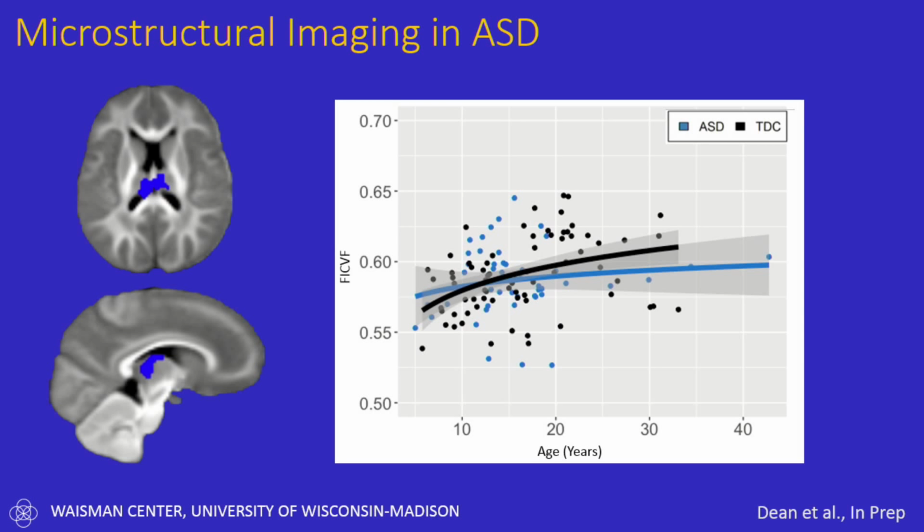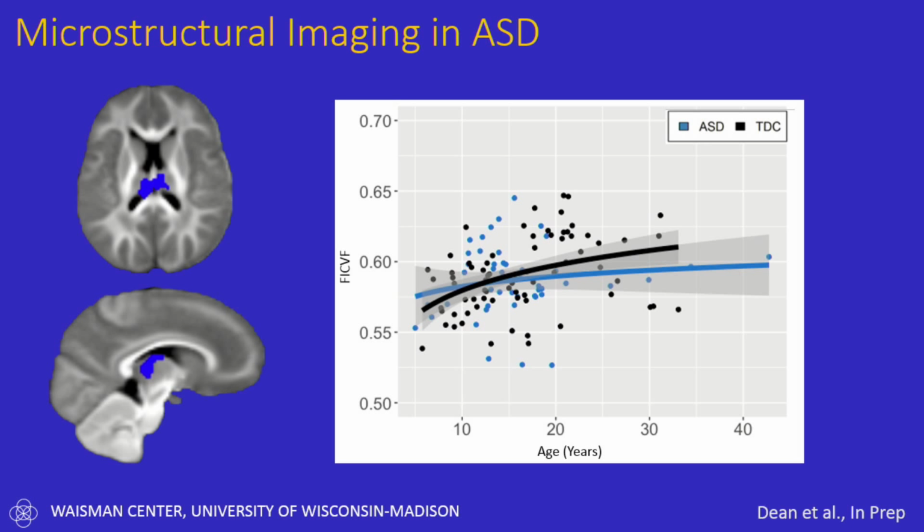And if we look at that trajectory again across the lifespan, we see the same pattern within this thalamic brain region that we see using some of the other measures I've previously shown. Early on in life, the individuals with autism seem to be a bit higher with this measure, but then they plateau a little faster than the typically developing group, where we then see increases.